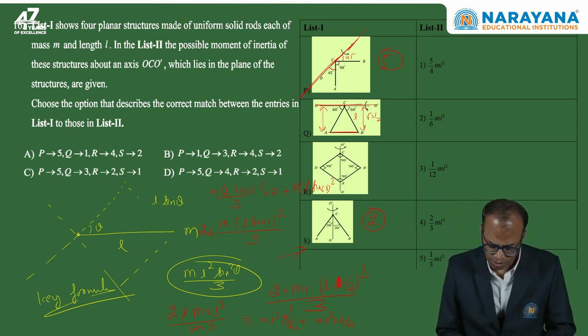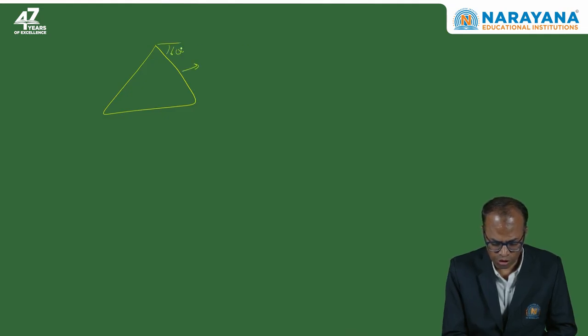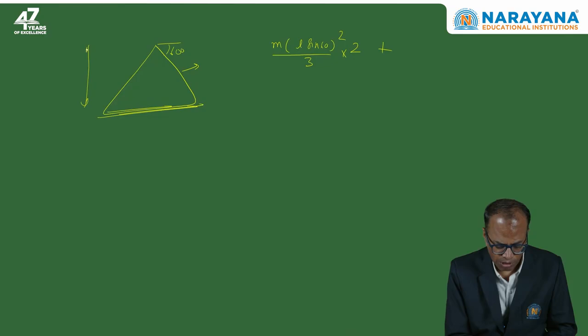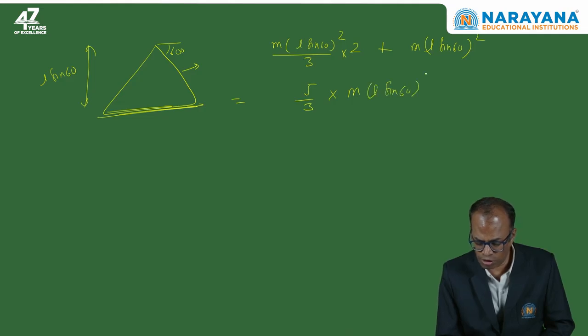Let me solve for option Q carefully. For this one, it is 60 degrees. So m into (L sin 60)² by 3, double of this. And for this bar, it is this perpendicular distance, which is again L sin 60. So this is m into (L sin 60)². So 2 by 3 plus 1, that is 5 by 3 times m into (L sin 60)².